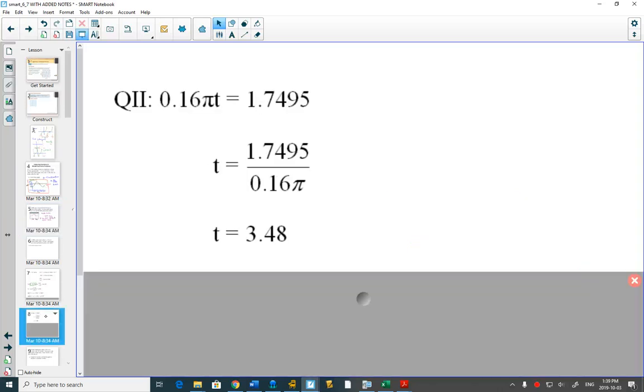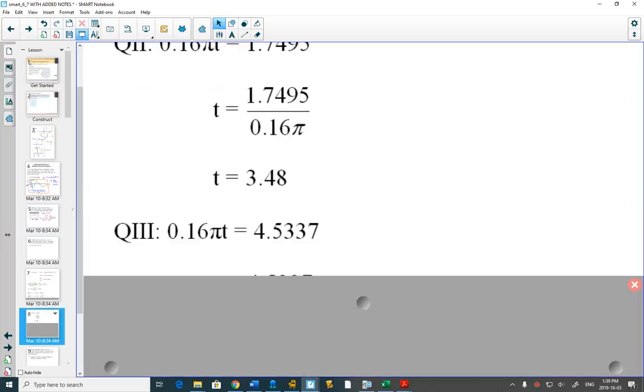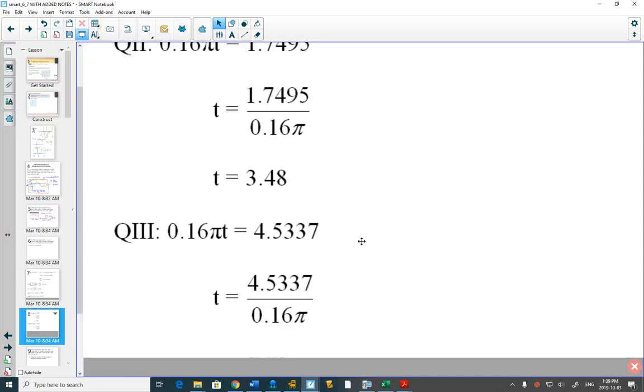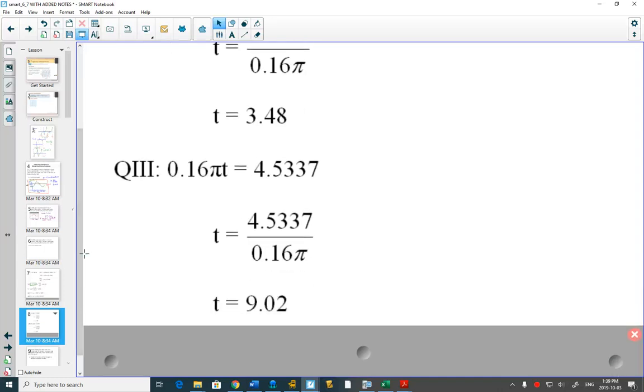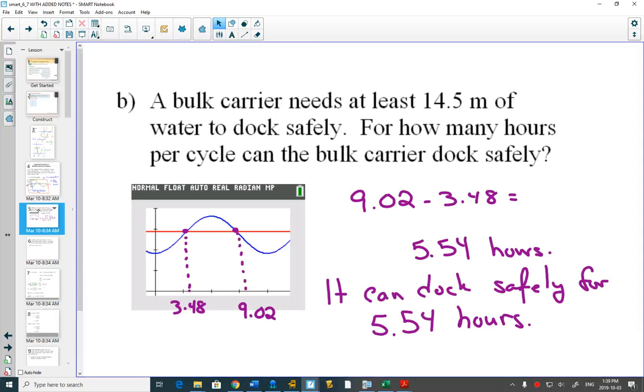We take our second angle of theta in quadrant 3, make it equal to the 0.16 pi t, divide and do the same things, and we get our 9.02. That matches up with the 9.02 we found here.